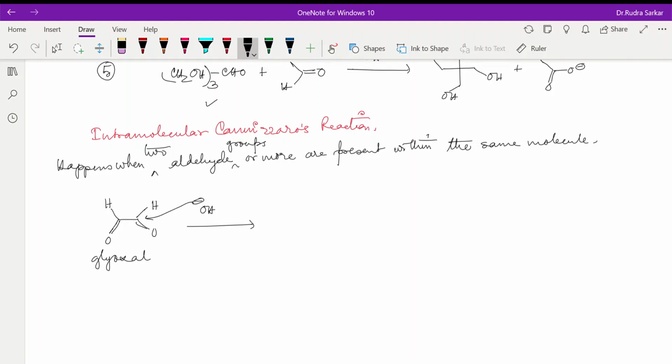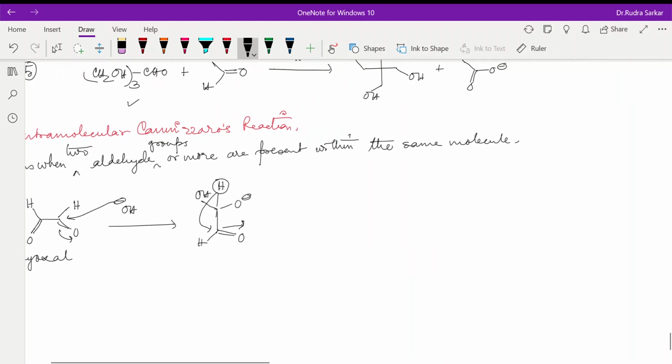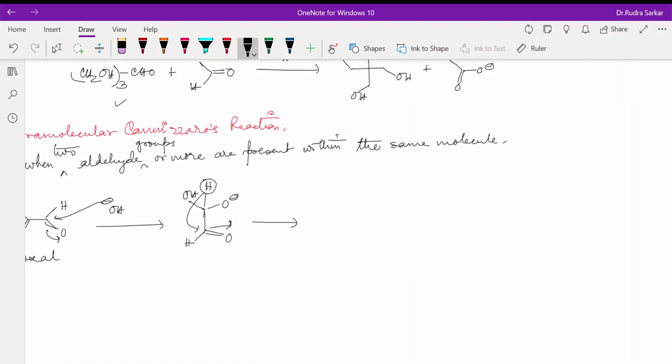so suppose this is getting attacked, that will open up. Now what happens is this becomes O minus. This is your OH, that is your H, this is your another aldehyde. Now hydride transfer will take place from here to here. That will open up. So one is now getting oxidized and another is getting reduced.